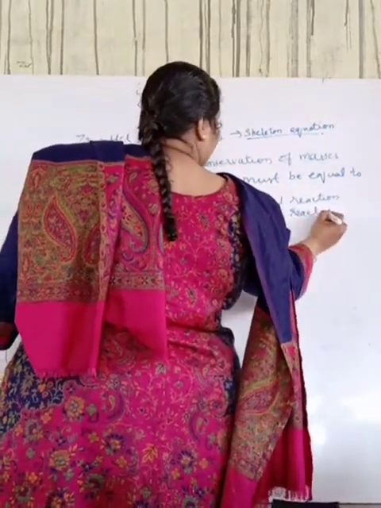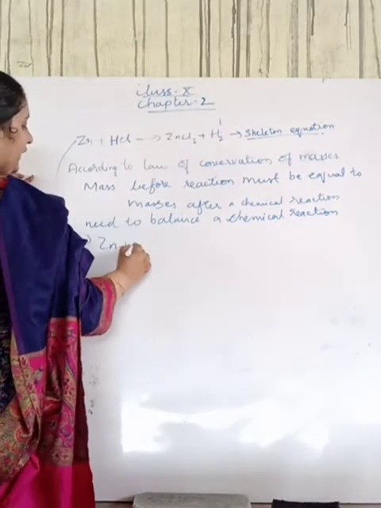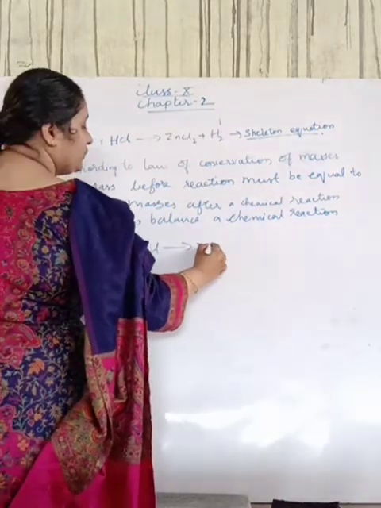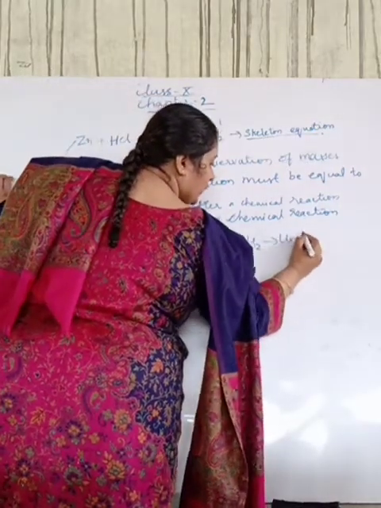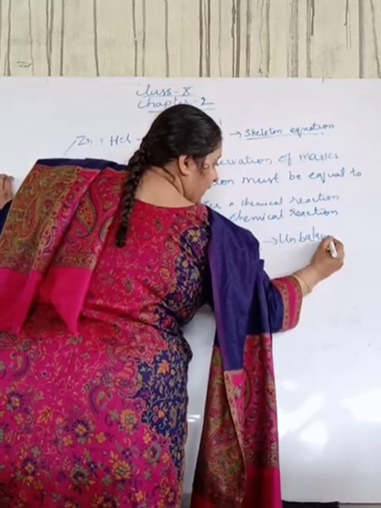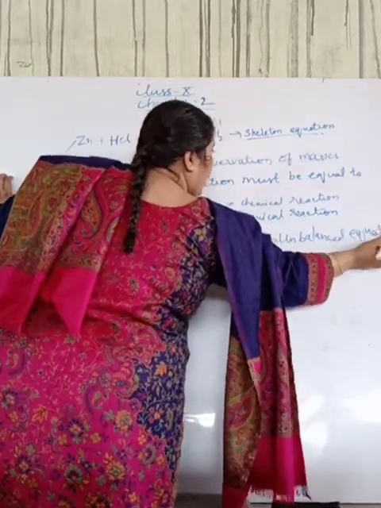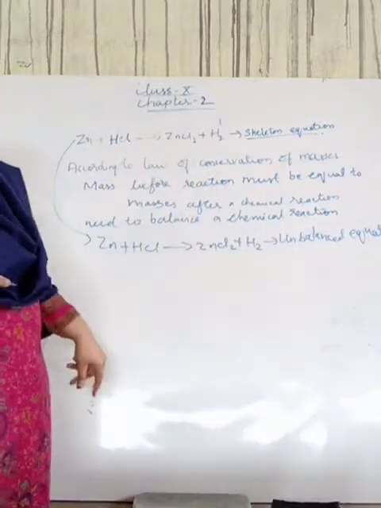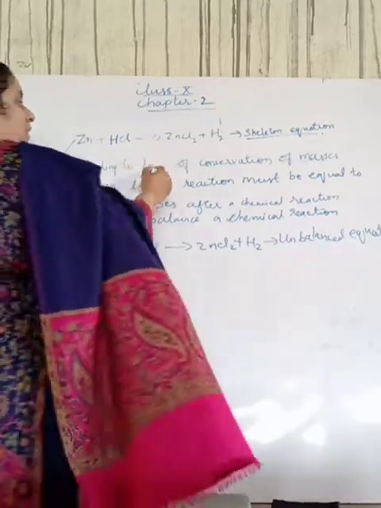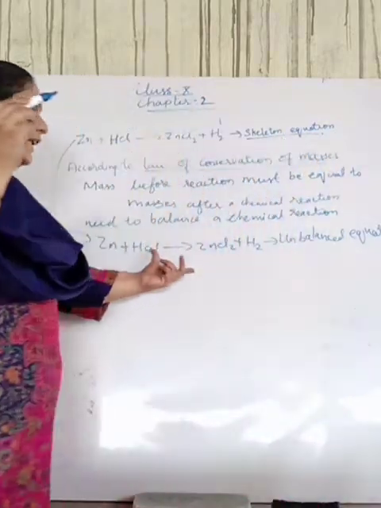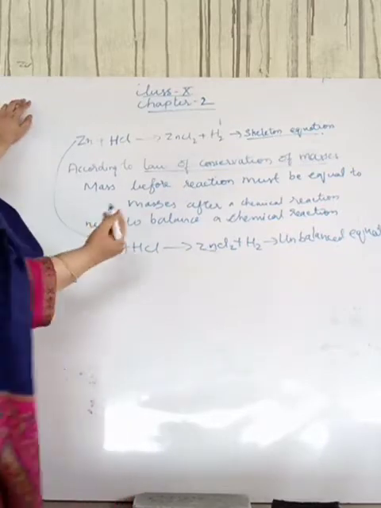Now, zinc plus HCl gives rise to ZnCl2 plus H2. It is an unbalanced equation. As we have studied in our ninth class, according to the law of conservation of mass, we need to balance it. Balance it means: 1 Zn and 1 Zn, okay.